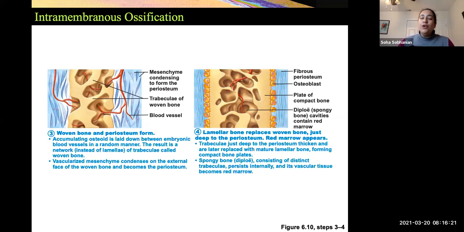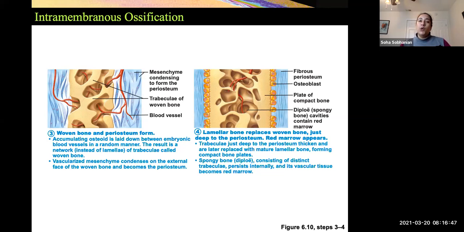So if you're looking at this process in an overview, kind of simplifying it, you start with mesenchymal cells. Some of them become osteoblast. Osteoblast secretes its matrix, which is calcium and phosphate, traps some of the cells, and those trapped cells become osteocyte.